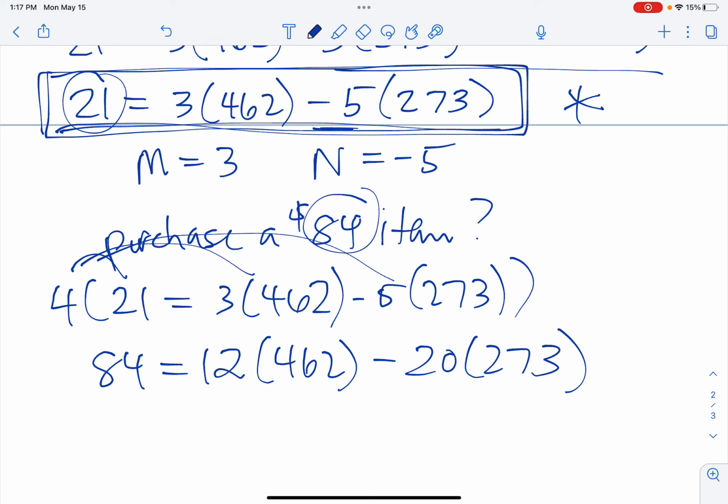So to purchase an $84 item, give 12 462s, get 20 273s in exchange. Once you have this, it's always good to double check it, make sure the math works out right. All right, 12 times 462 minus 20 times 273 does equal 84.